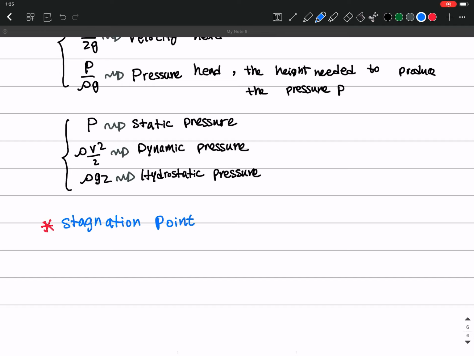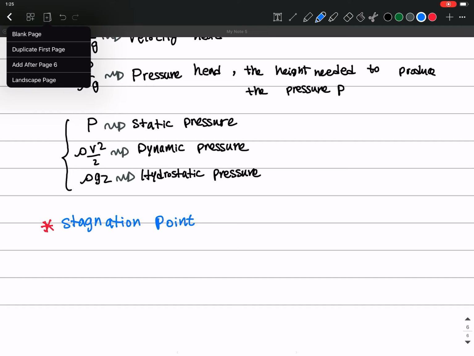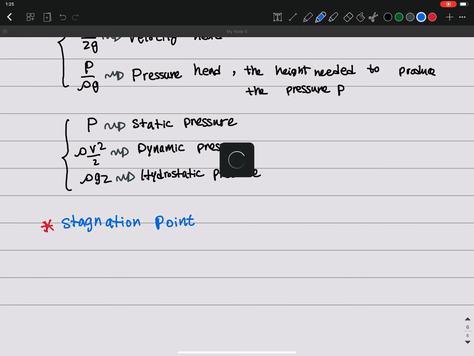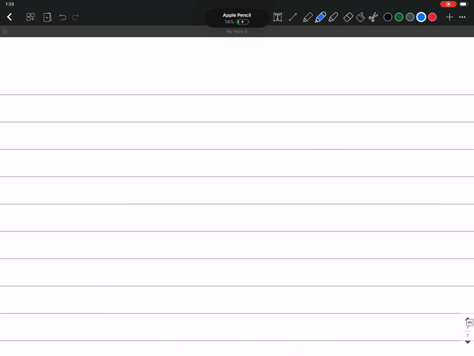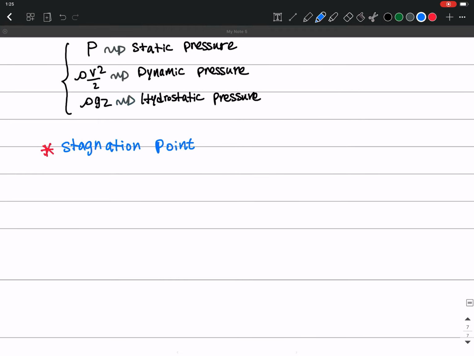Now I want to explain what a stagnation point is and how we can find the pressure at the stagnation point. Okay, so let me draw, say, a pipe flow. Say we have a pipe here.